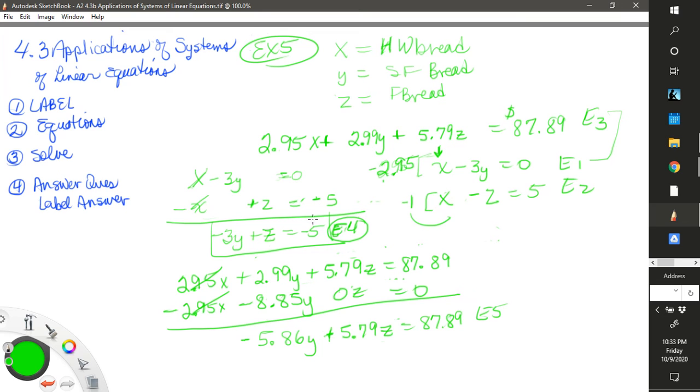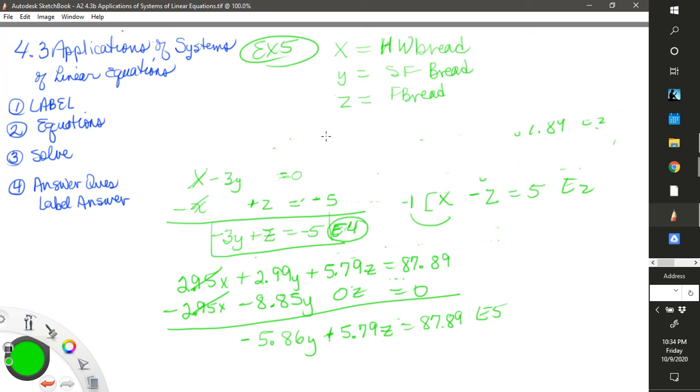E5 and our E4. We'll run them together. Okay, so E4 is a negative 3y plus a z, and that equals a negative 5.